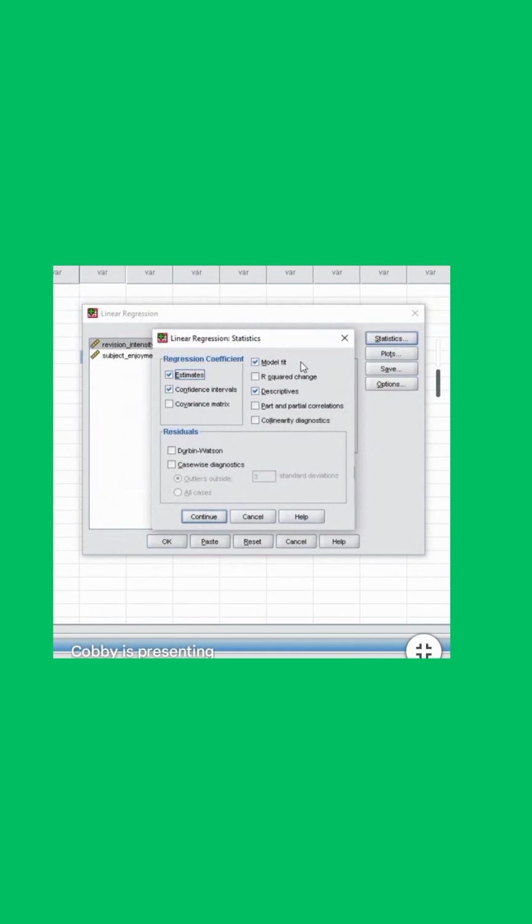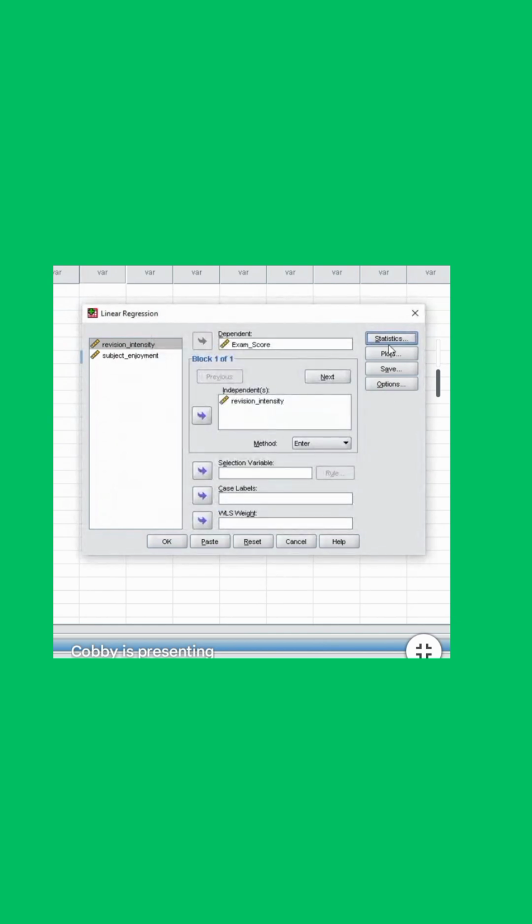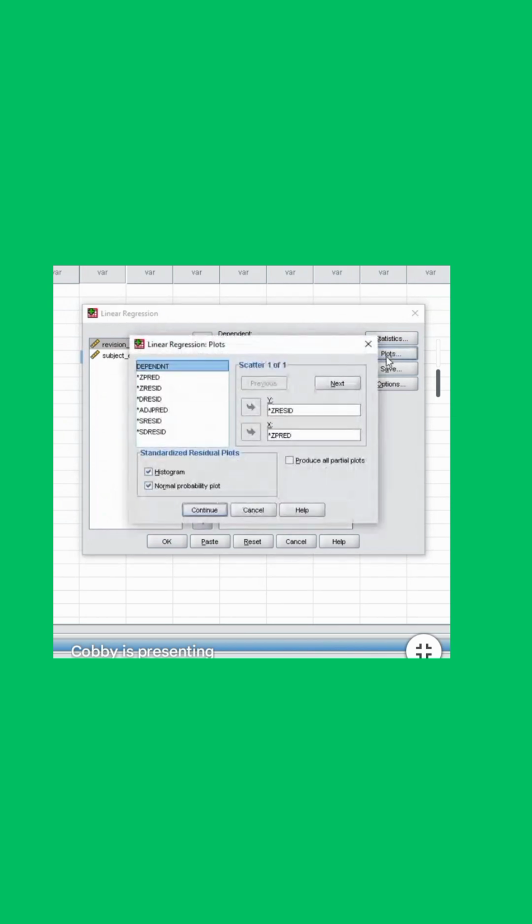Go to statistics. The estimate can be selected, and the confidence interval, the descriptive statistics, and model fit. Then we can say continue. Okay, then you go to plot. On plot, you put the Z predictor into the X axis and the Z residual in the Y box.